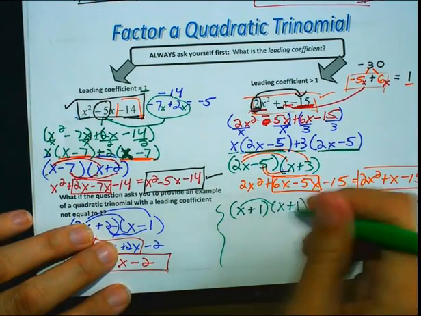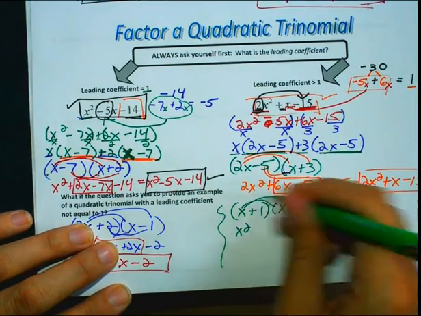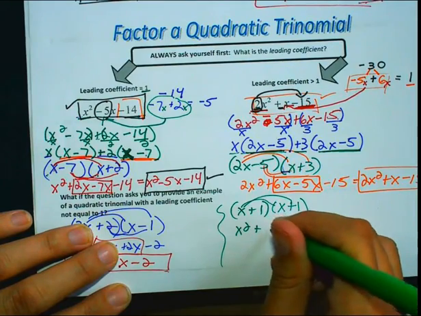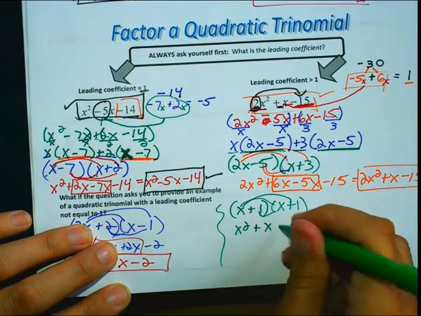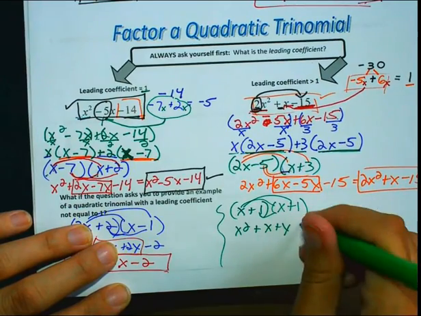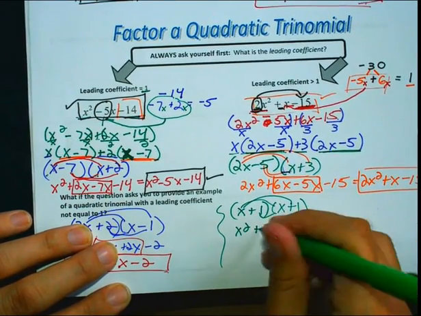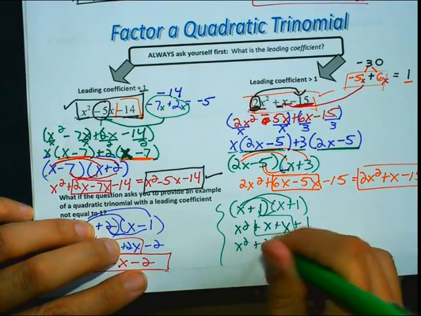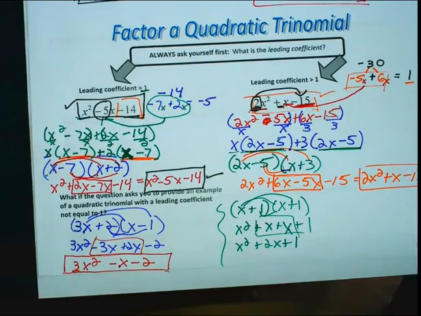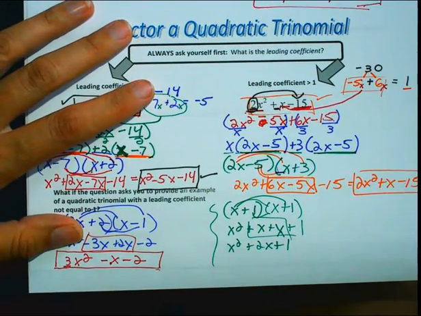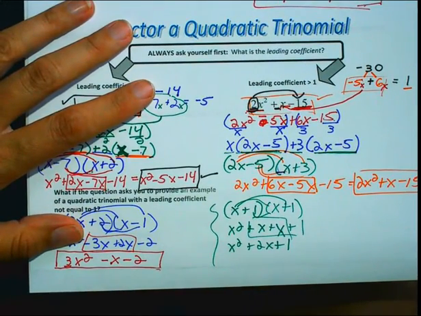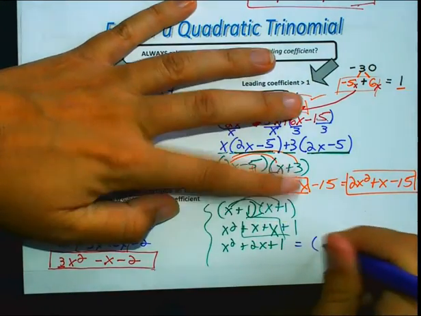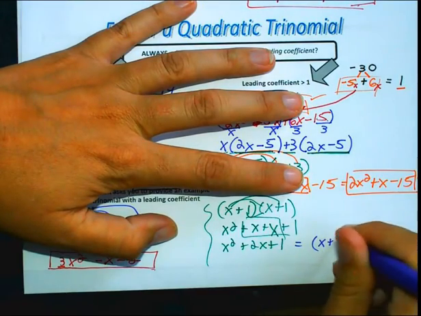So x times x is x squared. x times 1 is x. x times 1 is x. And 1 times 1 is 1. I'm going to combine my 2 middle terms. x squared plus 2x plus 1. This is actually a very special case. This is called a perfect square trinomial, and you will see this written as x plus 1 squared.